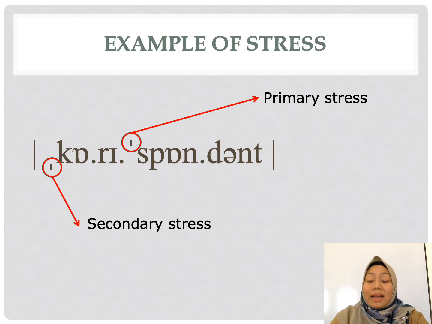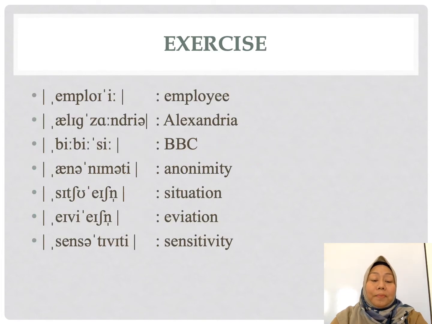All right, let's practice these words for the stress. See this one? How do you pronounce it? Employee. The primary stress is in the E. Employee.